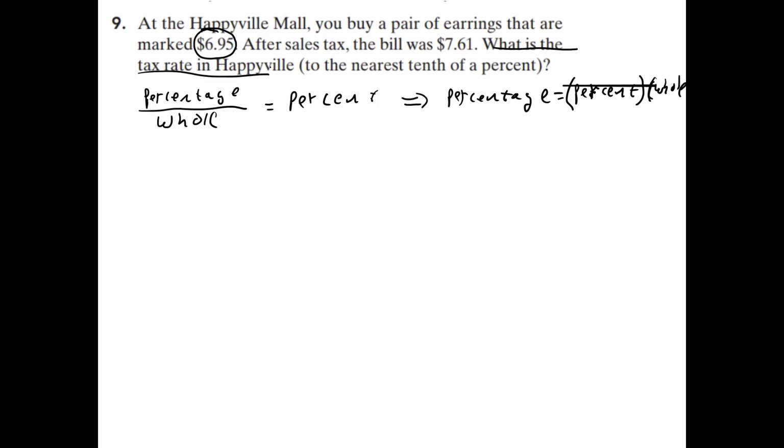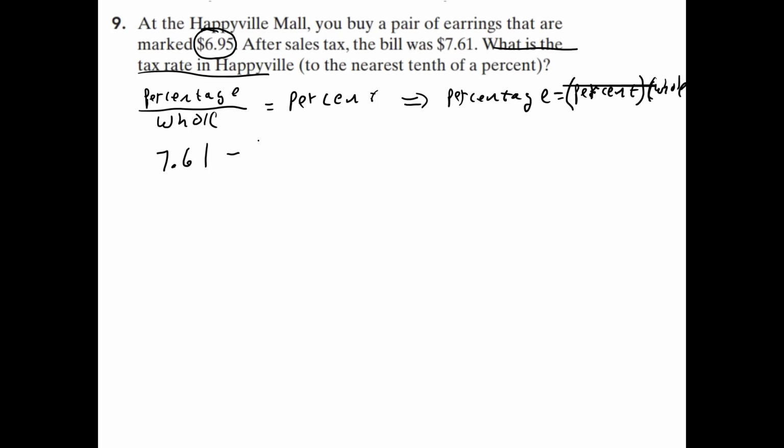And so there's a couple ways to do this problem. If we want to use the basic percent problem, we have to go and figure out the taxes ourselves. Not very difficult. We have $7.61 that we paid total.